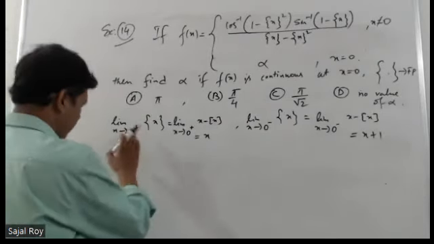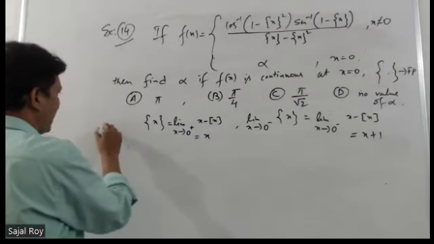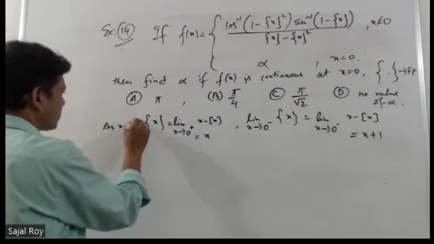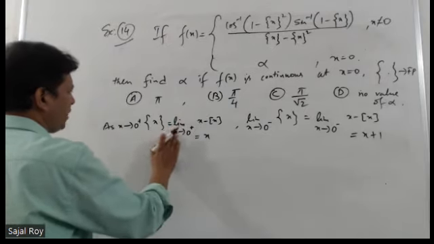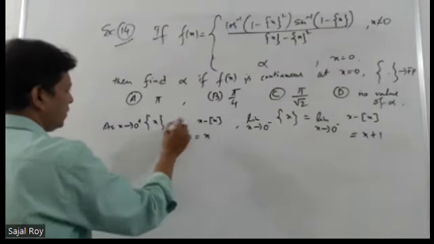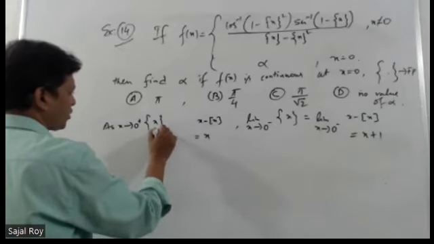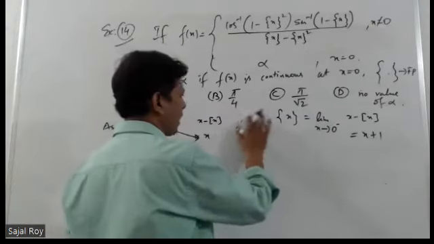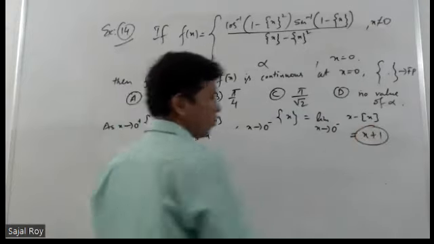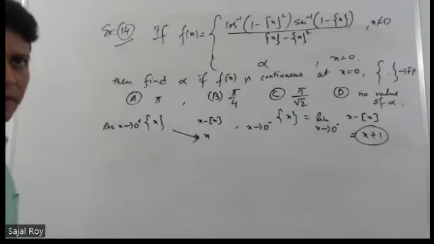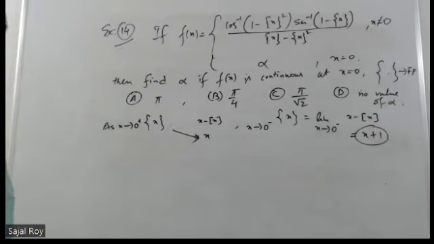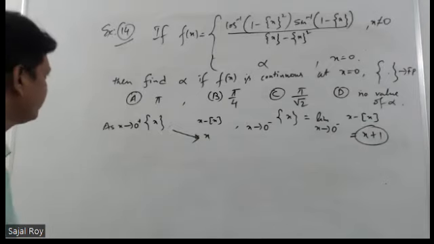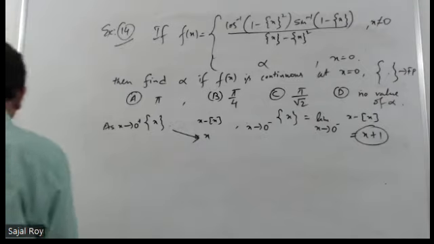Whenever it's better to write it like this: as x tends to 0 plus, the fractional part will be x. As x tends to 0 minus, the fractional part will be x plus 1. Clear? So let us calculate the right hand limit.